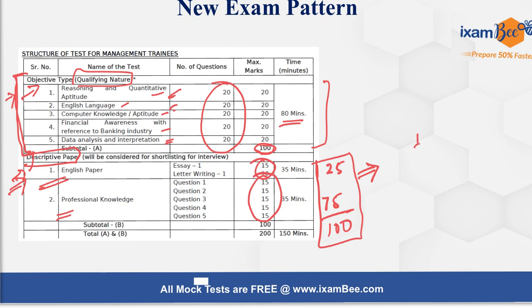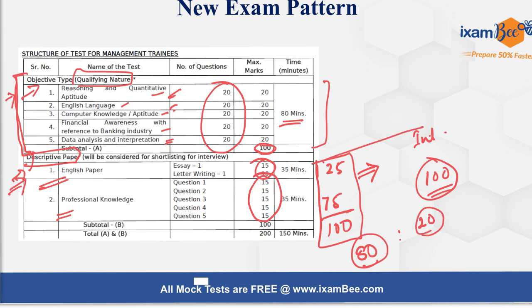And then again, interview would also be 100 marks, but weightage would be 80 and interview 20. So effectively you can say that interview is going to be 20 marks. And then finally, your marks obtained in the descriptive paper and then interview, these two will decide whether you are going to be finally selected or not.